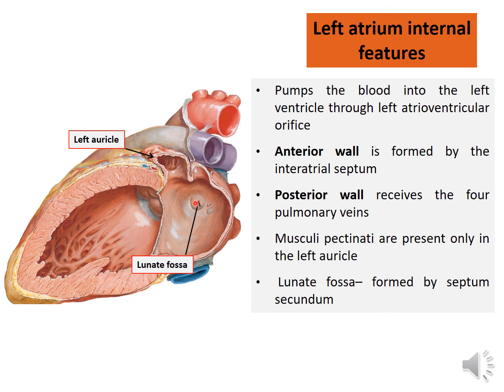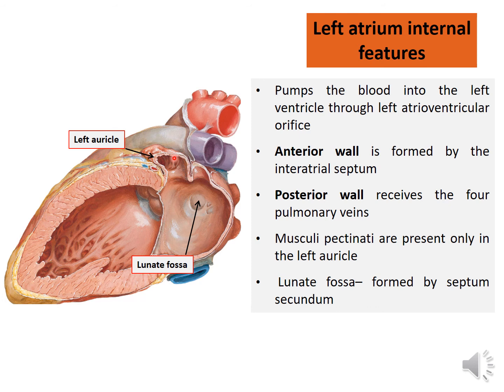This is the interatrial septum, and the posterior wall receives the four pulmonary veins. The rest of the part, the posterior wall, receives four pulmonary veins, and there is an extension of the left atrium which is your left auricle, and within the left auricle you can see the musculi pectinati, which you have seen already in the right auricle.